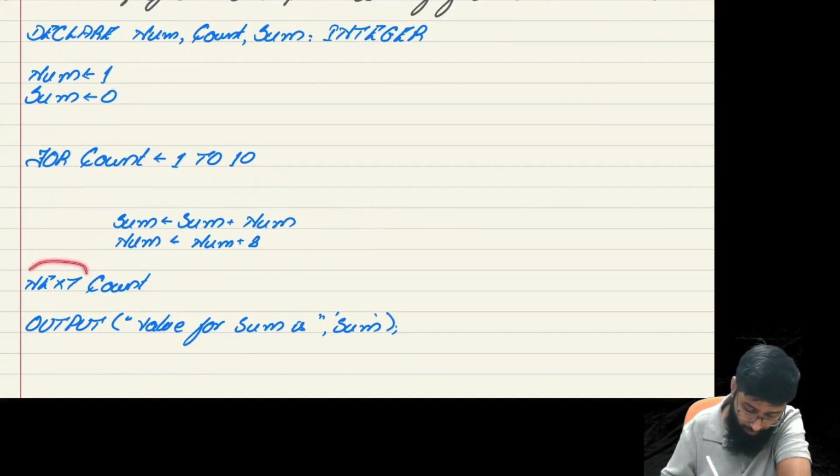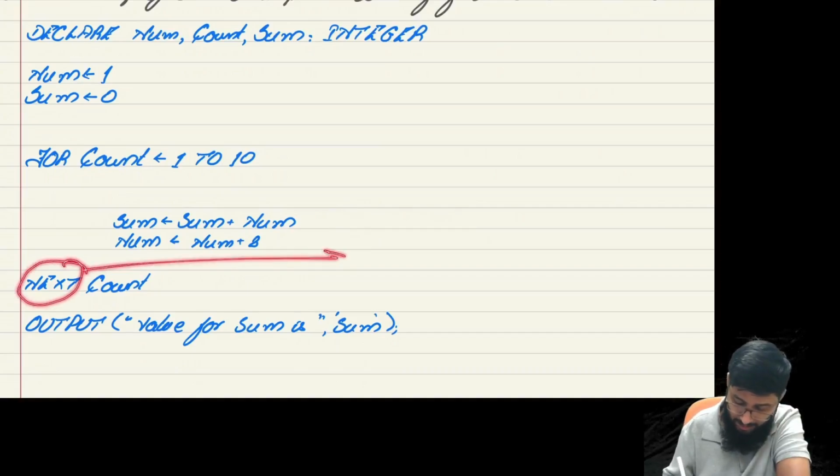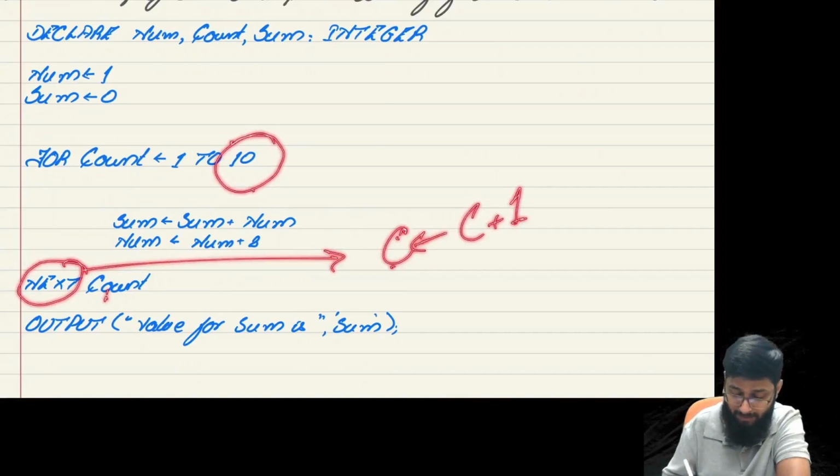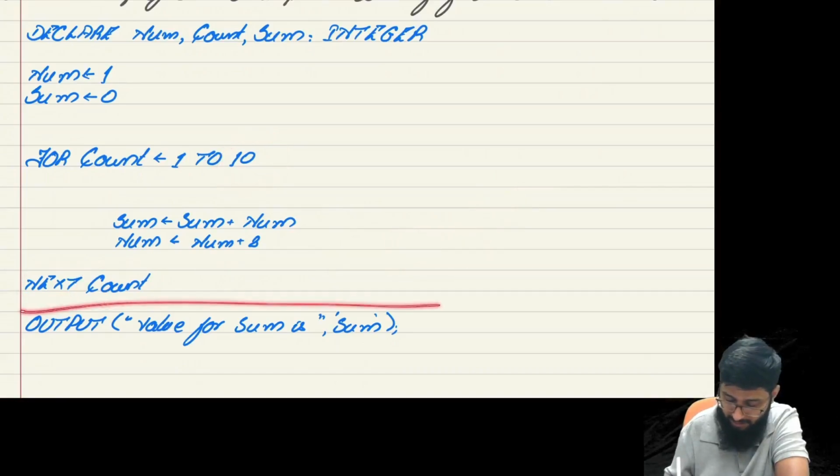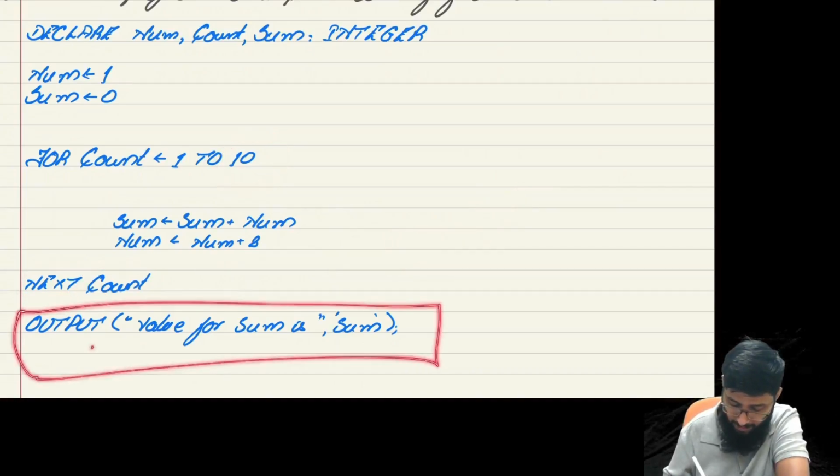I told you earlier that NEXT does the increment in the count as well, that means count plus 1, as well as checking whether the loop has been executed for this limit or not. If it has, it will then give you the output in double inverted commas, that means it will be printed as it is.